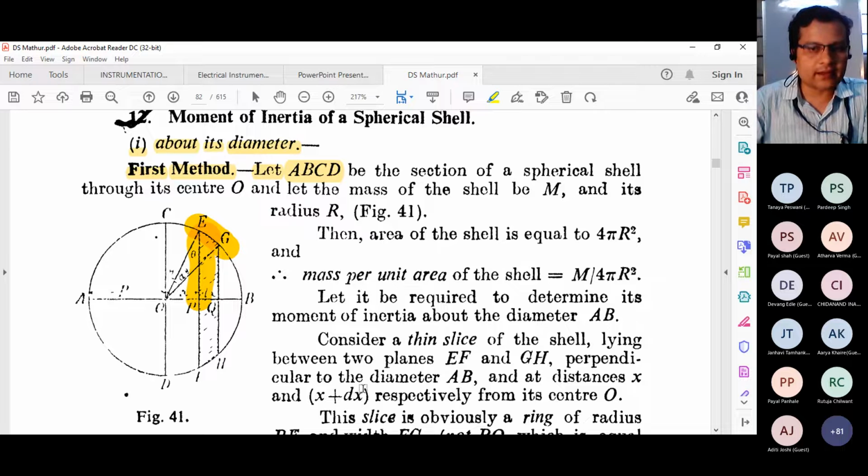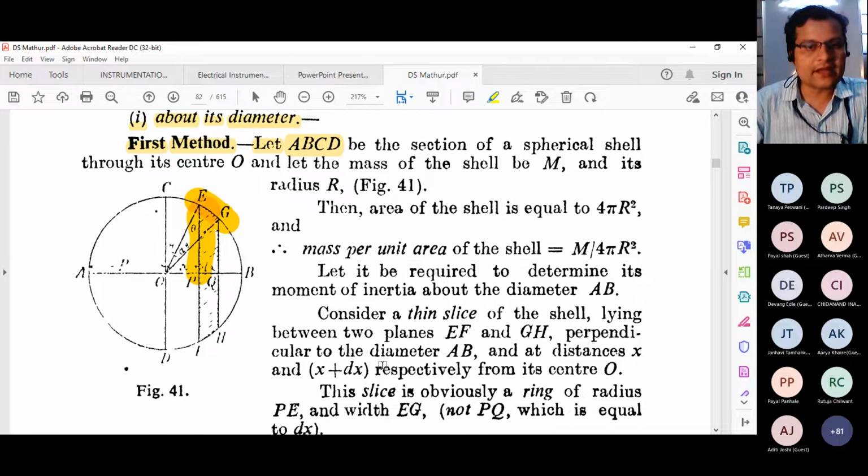But how can we determine the moment of inertia of the whole body about its diameter? So we consider a thin slice of the shell over here. These are the two planes EF and GH we consider, which are perpendicular to the two diameters AB and CD. And this EF, GH makes a complete thin slice, and obviously we need to keep it at a certain distance from the center.